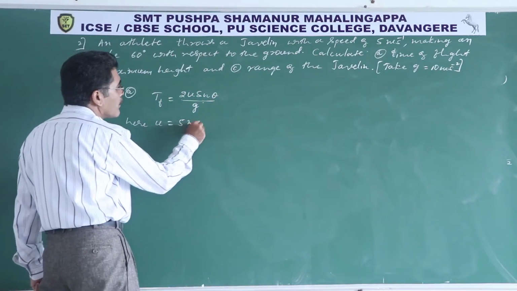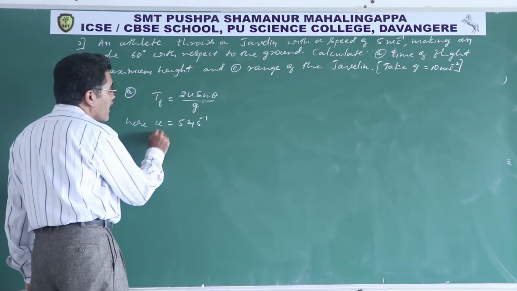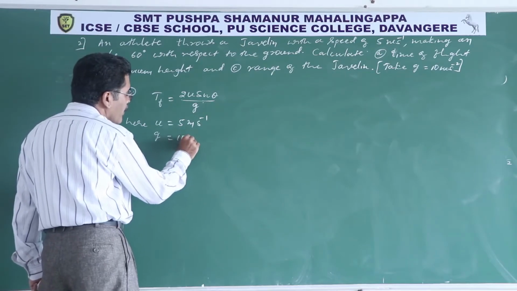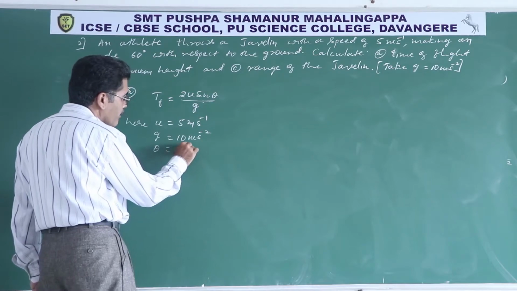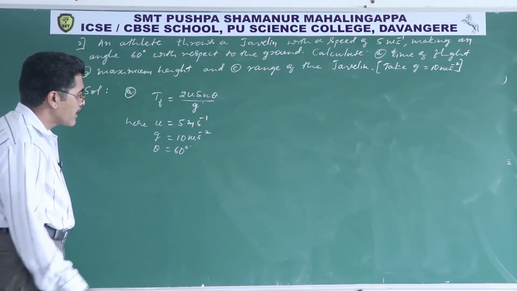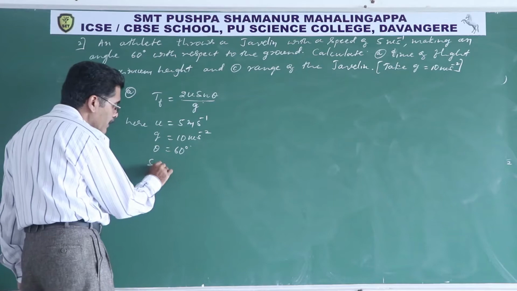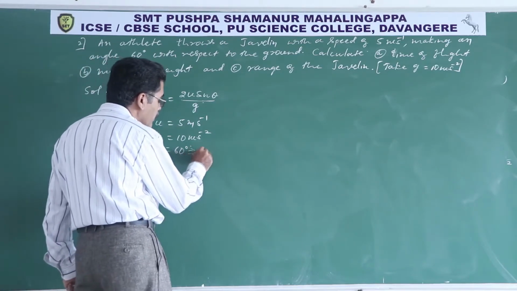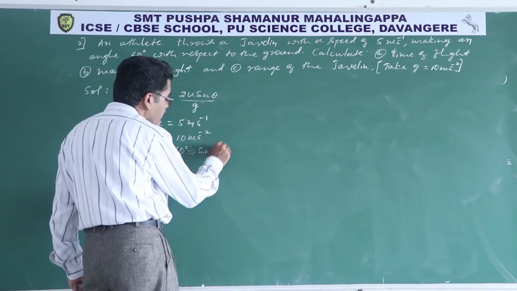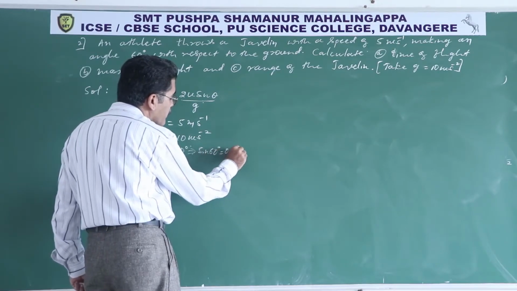Theta is 60 degree, which implies sin 60 is equal to 0.8660.